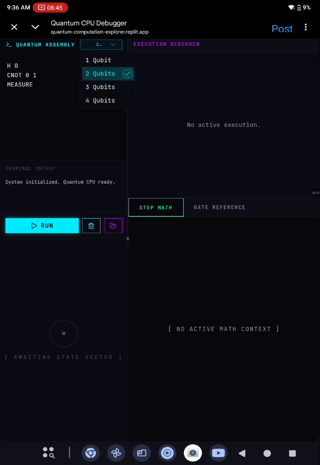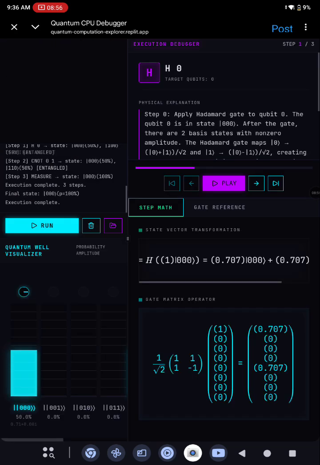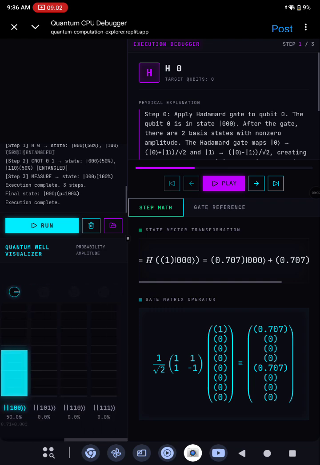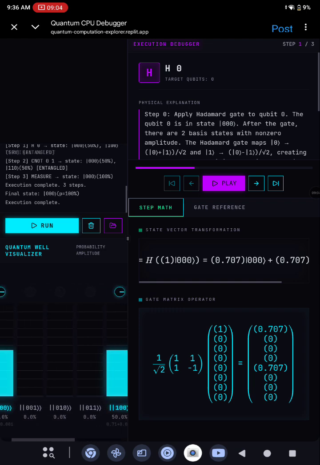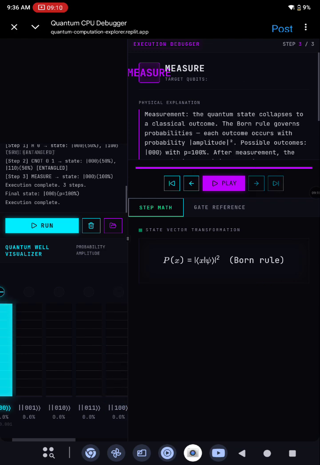What happens if we go back and use 1 qubit and then run it? It's out of range. 3 qubits. Run it. There it goes. Play that. Quantum well on the left went to 100%.